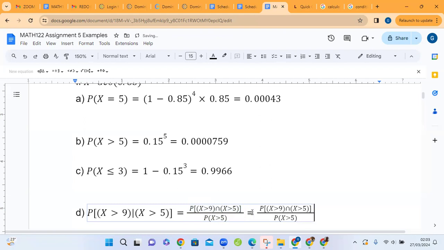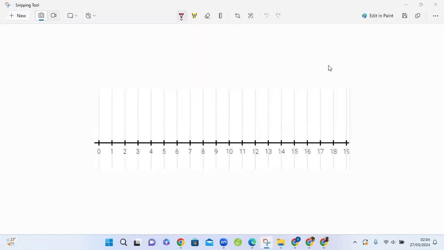We can use a number line to prove that. Here we have more than 5, and more than 5 is from 5 straight across towards infinity. And more than 9 is from 9 straight across also to infinity.